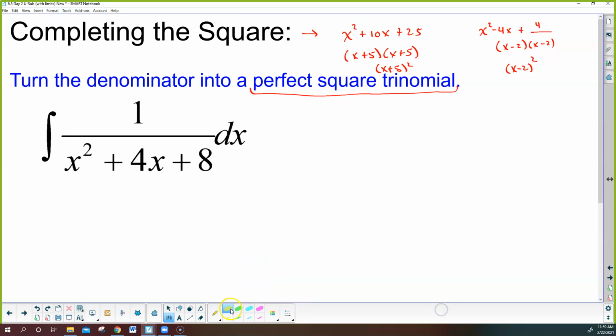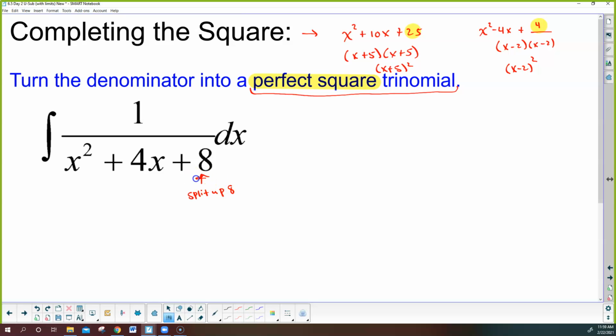So I want the last part of that perfect square to be a perfect square number. Well, 8 is clearly not a perfect square number. But I can get creative with this. So my goal is to split up 8.